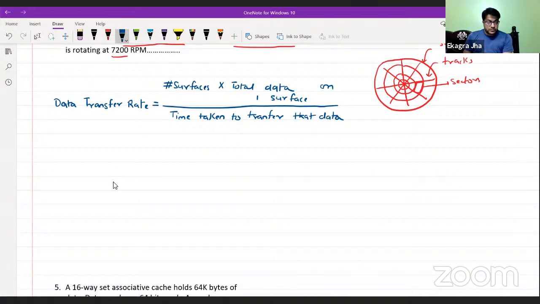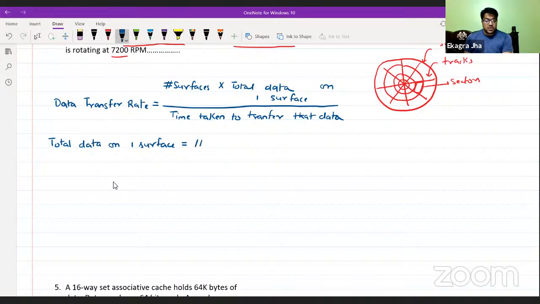So total data on one surface: one surface can have a number of tracks, then a number of sectors per track, and then a number of bytes per sector.